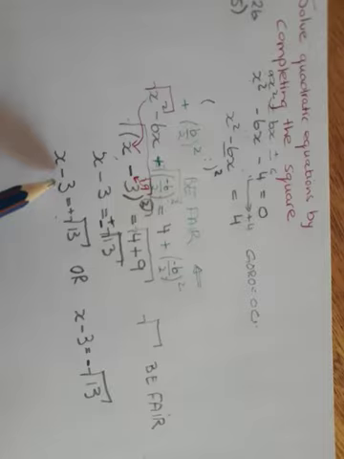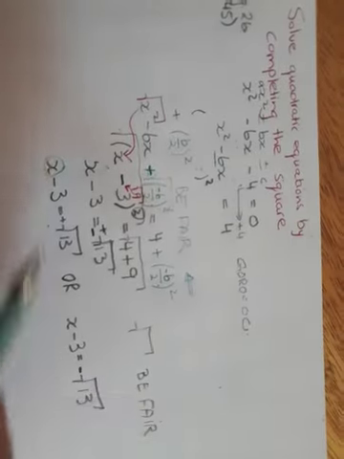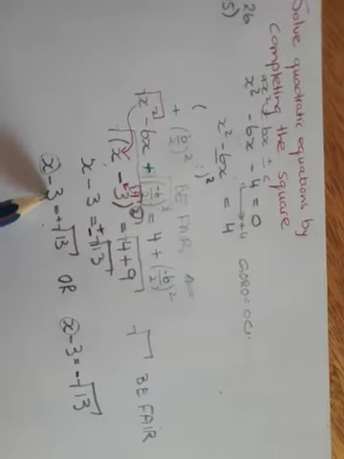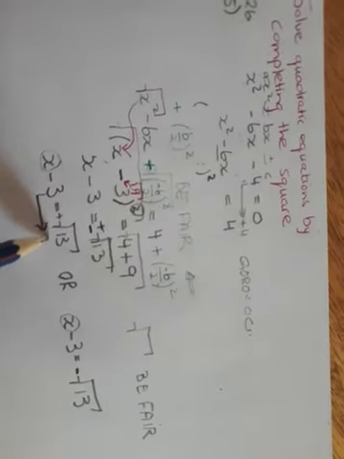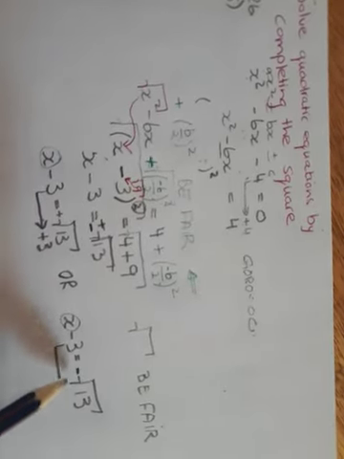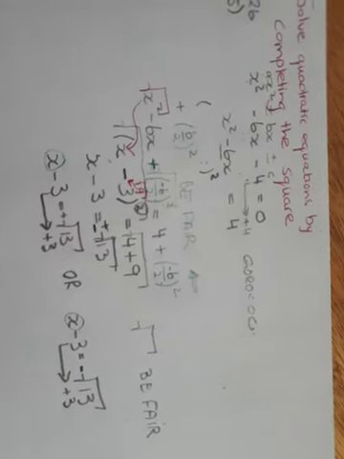Okay, and now we want to find x. Remember, we want to find the value of x, which means I must take over the negative 3. It becomes positive 3. At the same time, this one I do the same; I add positive 3.